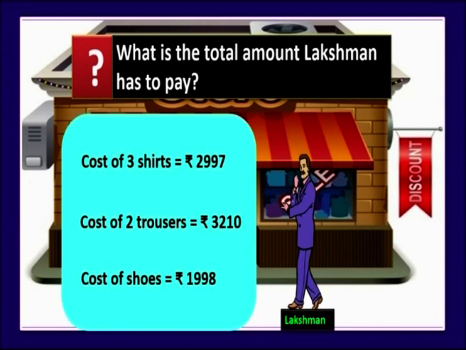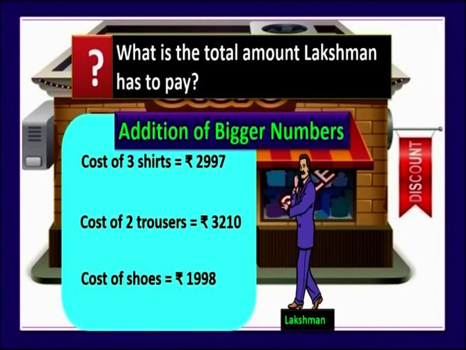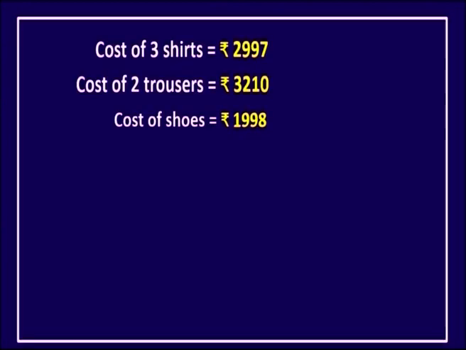So children, to find the total amount that Lakshman has to pay, we should have the knowledge of addition of bigger numbers. So now we will see how to add these bigger numbers. We have seen already the cost of 3 shirts, cost of 2 trousers and the cost of shoes.